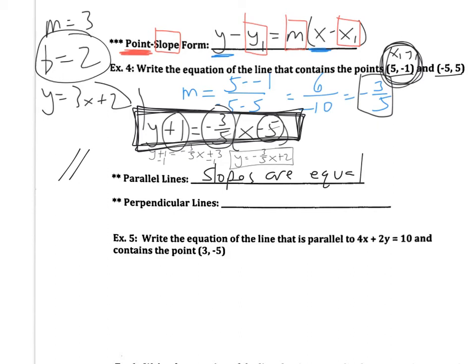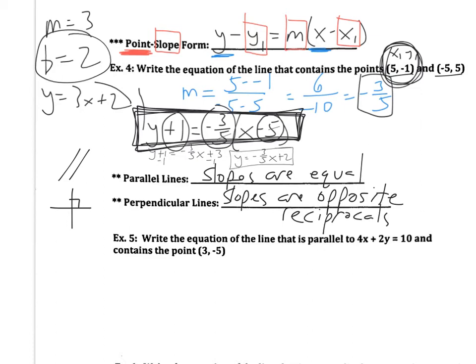Perpendicular lines, however, form a right angle. Their slopes are not equal. They have a special relationship, though, and try to think about if you know what that is. Their slopes are what we call opposite reciprocals.